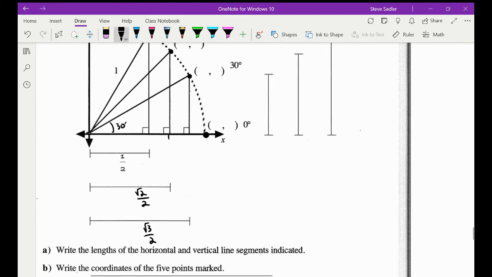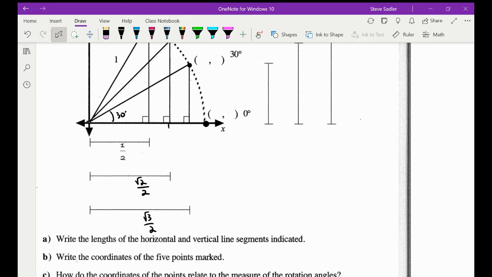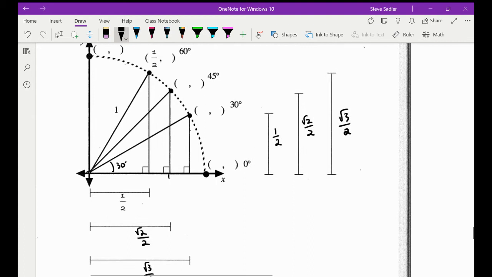We can do the same thing for the vertical line segments here. The y value for the 30-degree reference triangle is 1/2, and then we've got root 2 over 2, and then root 3 over 2. And we can write the coordinates for all of these.